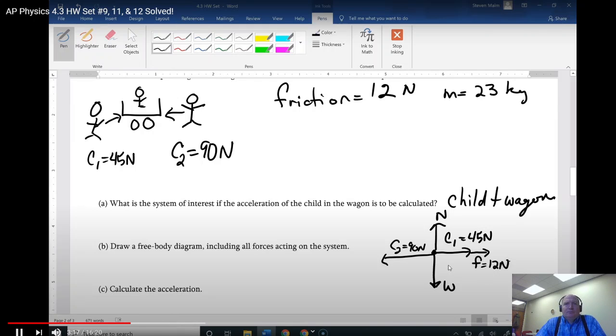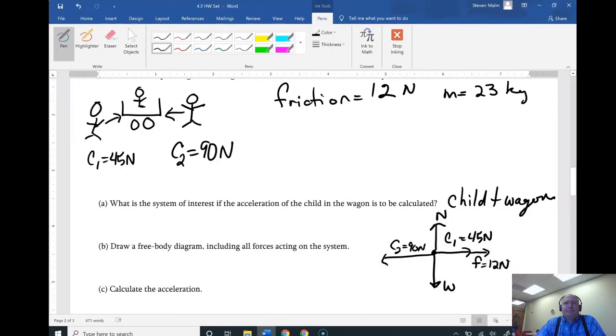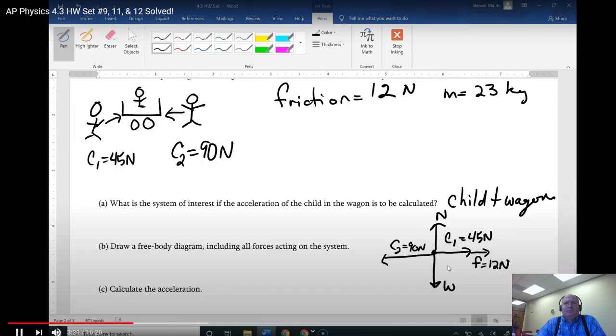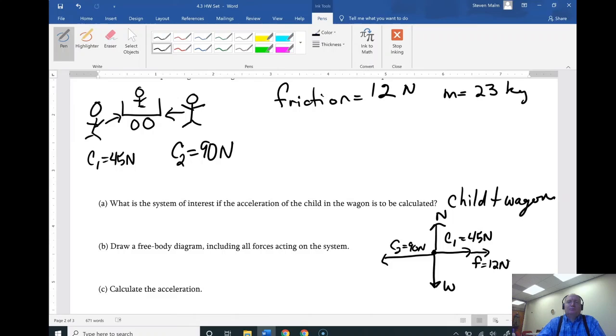Okay. And so when it comes down to it, you need to make sure you're understanding what's happening in this particular system before you can draw a free body diagram. And it did tell you that friction opposes motion. The big takeaway here is whatever the net force is the direction of motion. Yeah.